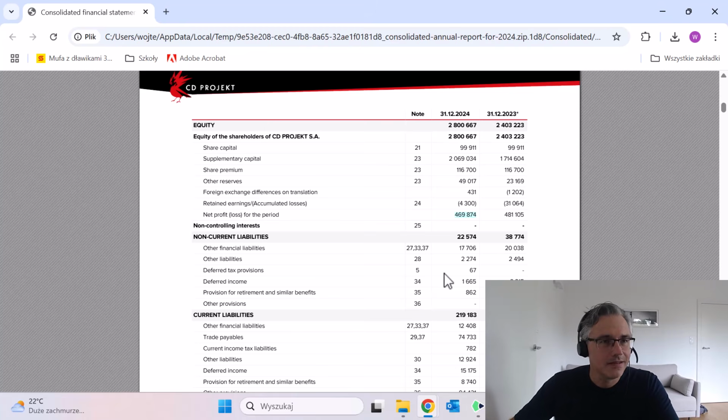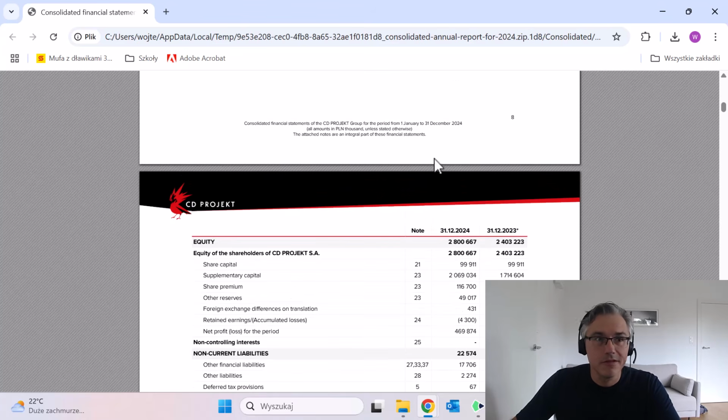But the point is, just focus on the figure, 469,874. We already know what the profit for the year 2024 was at this company, just like we know what it was for the previous year. So why do we need a profit and loss statement or account? Why do we need an income statement? Because that's the alternative name.